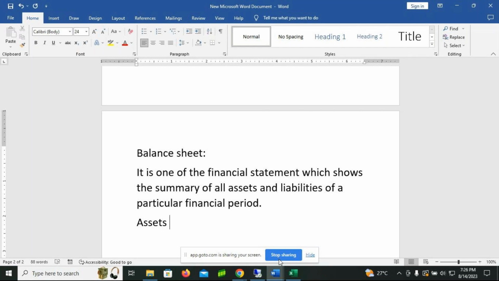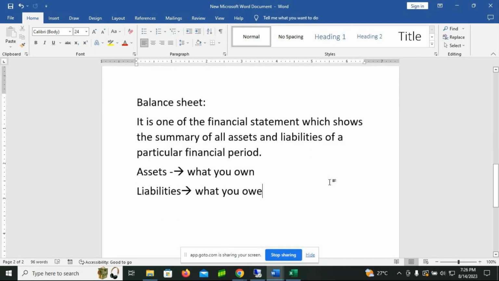So this is what we own, what the business owns. Liabilities means what you owe, something that a company owes to someone. So the business owes it to someone else.